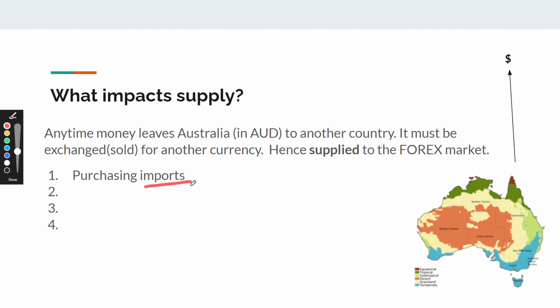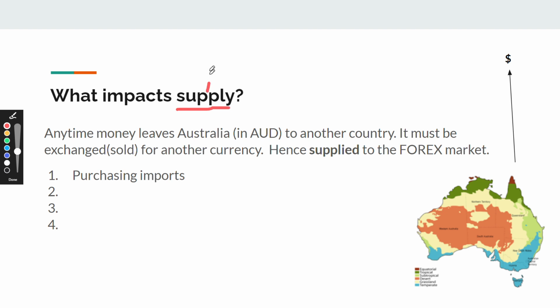Another one would be if Australians invest overseas, for example you buy shares on a foreign stock exchange, that increases the supply of Australian dollars. You sell the AUD. If we are making dividend payments overseas to foreign investors or interest repayments on our debt, all of those things will impact supply.